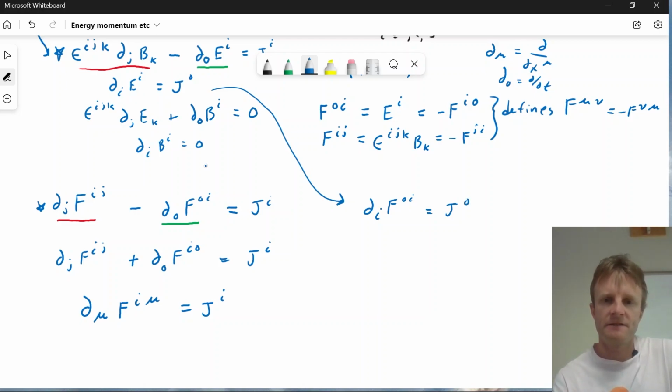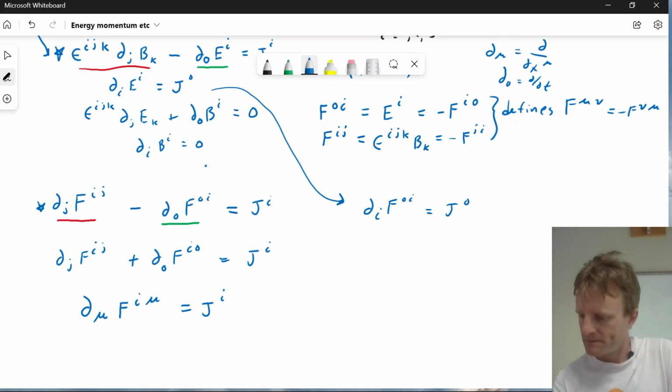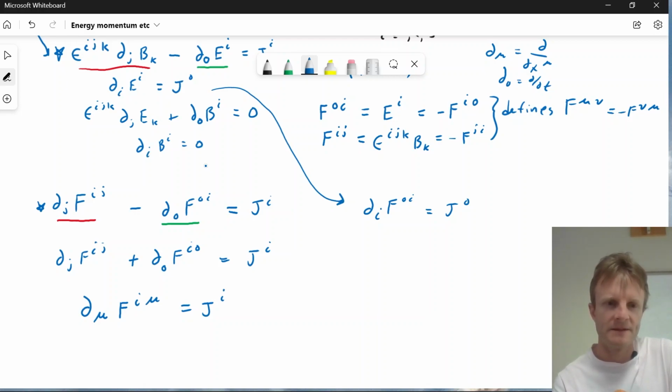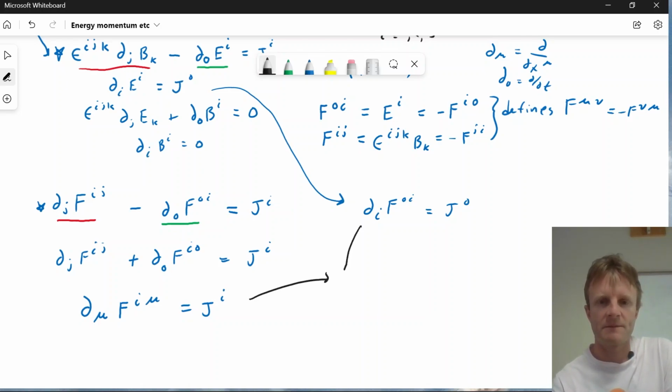And to make them look similar, I should flip, I believe I should flip. I do not need to flip. Yes. So now the point is, this is the spatial component of an equation, and this is the time component of the equation.